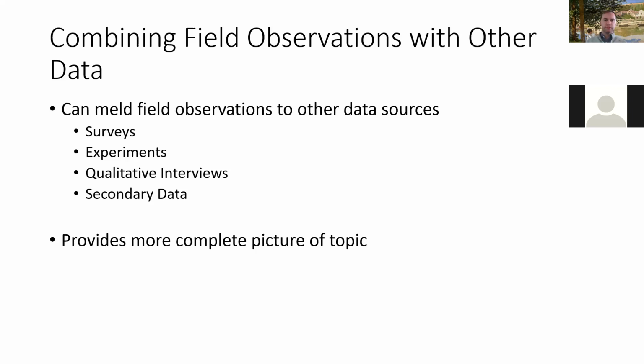Another benefit to field observations is that we can pretty easily combine them with other data sources. So we can do field observations in addition to any of these other types of data that we've already talked about.